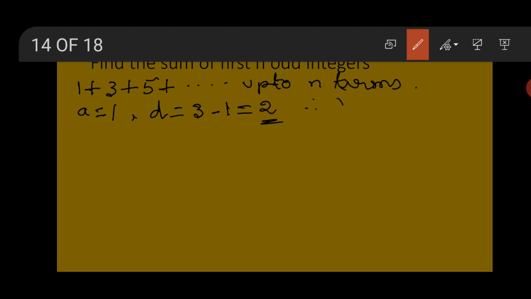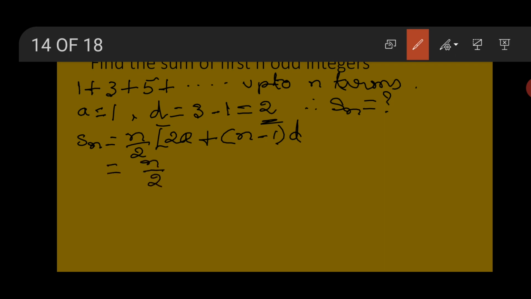Therefore what is Sn? Use the same formula. Sn is equal to n by 2 into 2a plus n minus 1 into d. Now substitute the values of a and d. A is 1, plus n minus 1 into the value of d, which is 2.